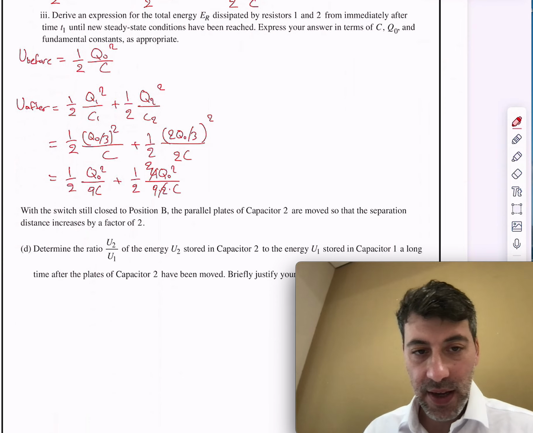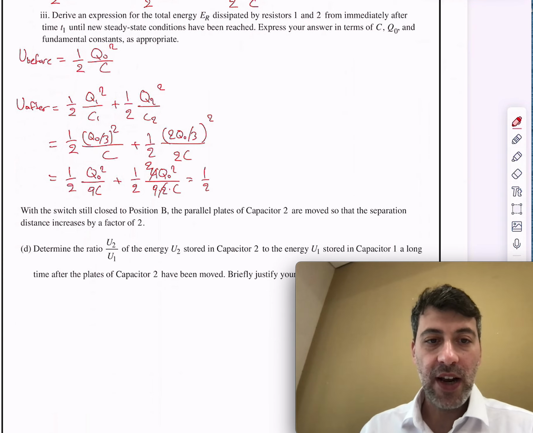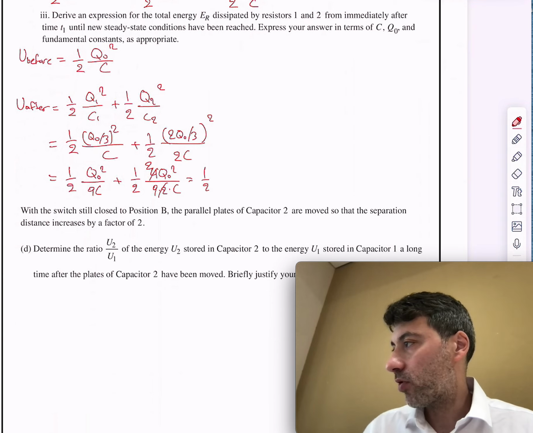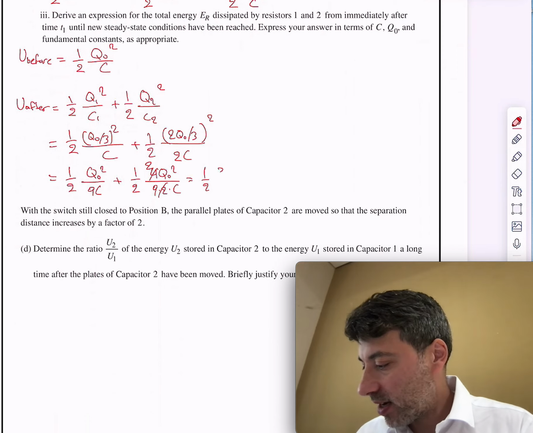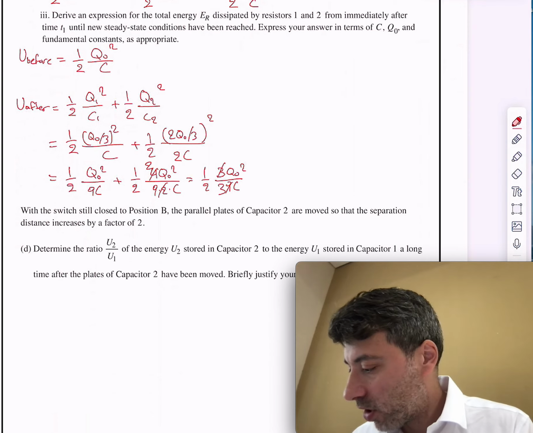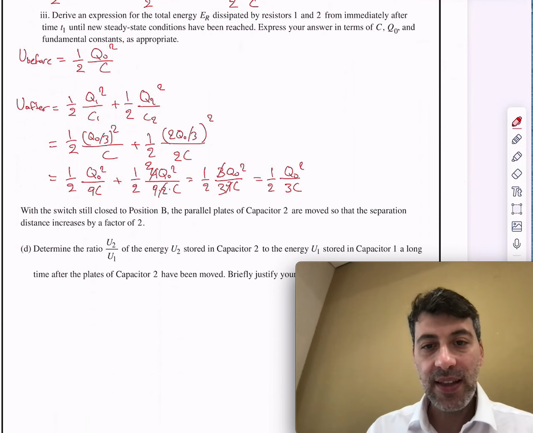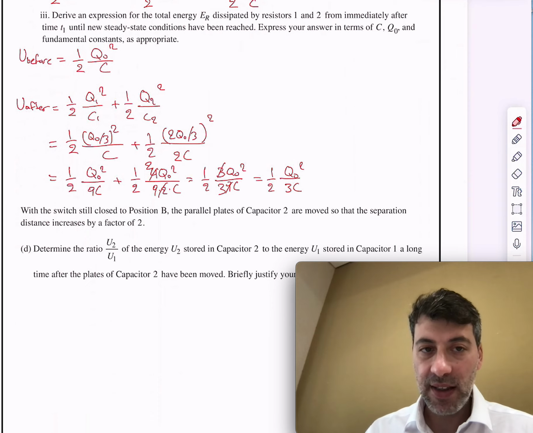So we have 1 over 2 Q0 squared over 9C plus 2Q0 squared over 9C. It is 3Q0 squared over 9C, with the 3 and the 9 cancelling, and the remaining is 3 in the denominator. So 1 over 2 times Q0 squared over 3C. And in order to find the energy dissipated, we need to subtract these two values.